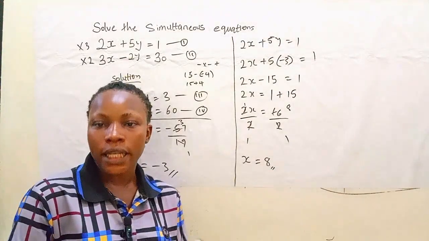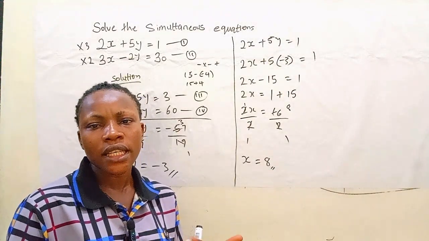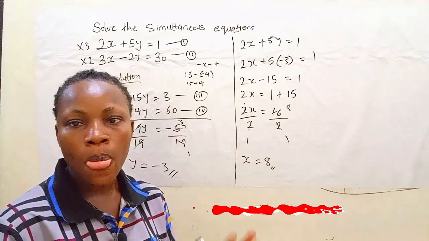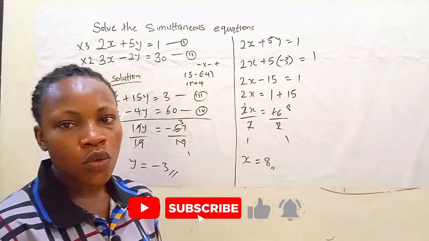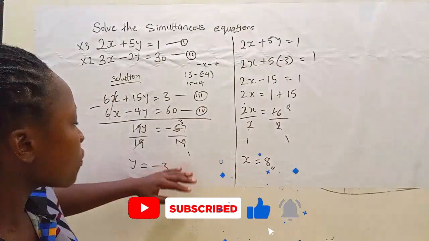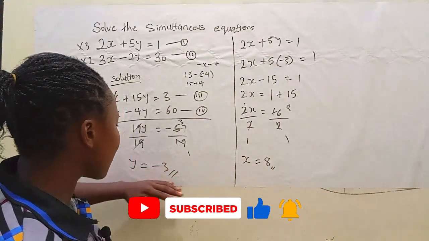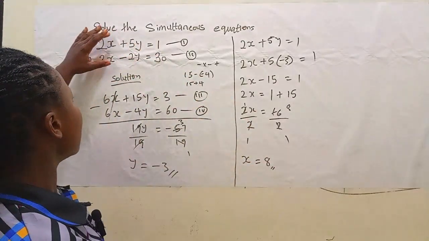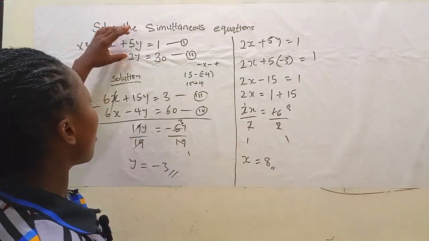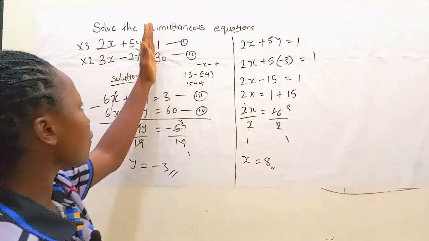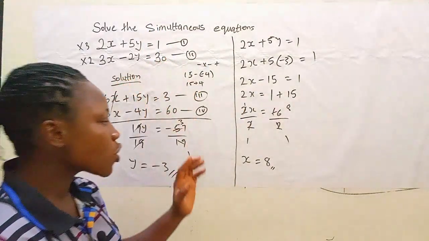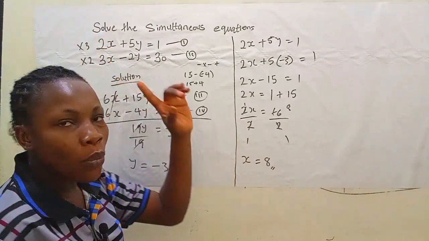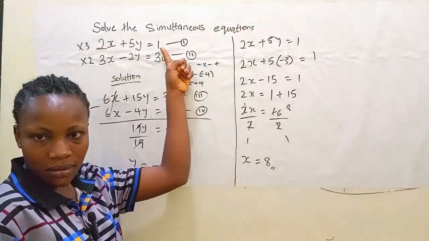So for us to check if this is actually the value of y and x, what we have to do is to substitute for y as this and x as this in equation 1 or in equation 2. If we are substituting it in equation 1, we will be able to get 1.